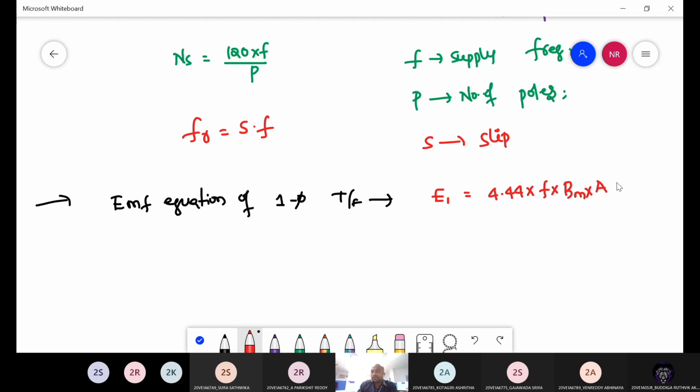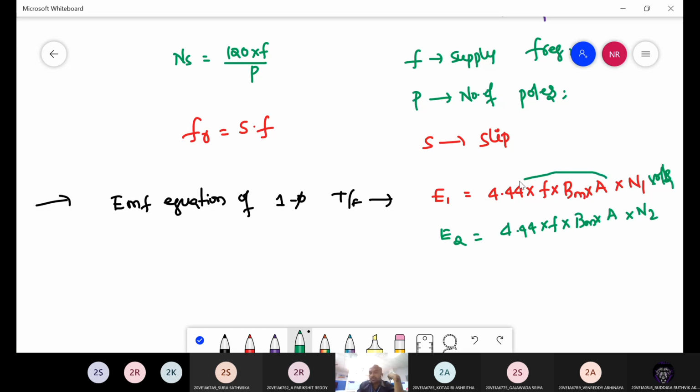If it is the secondary side, E2 is equal to 4.44 into F into BM into A into N2 volts. These are the EMF equations of primary as well as secondary, right? So 4.44 F BM A are common in both.